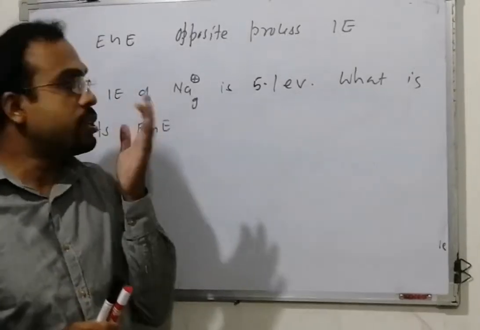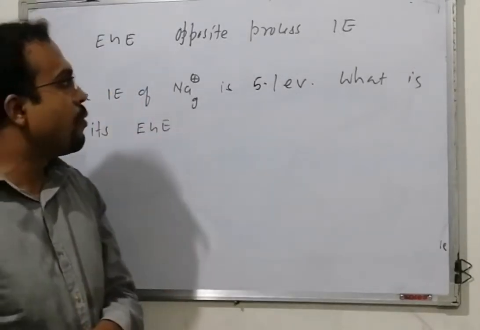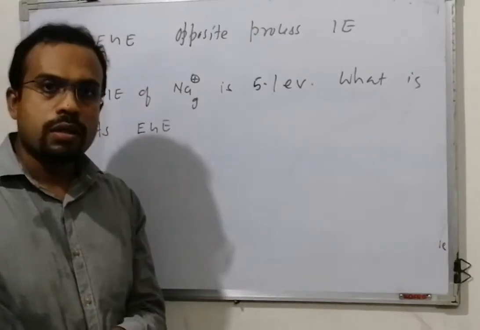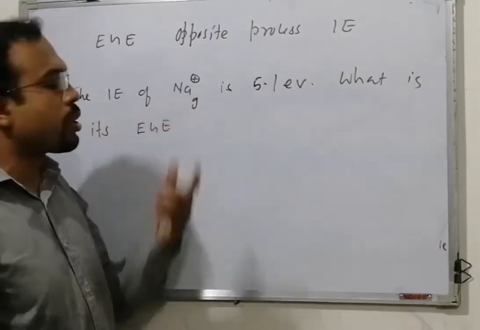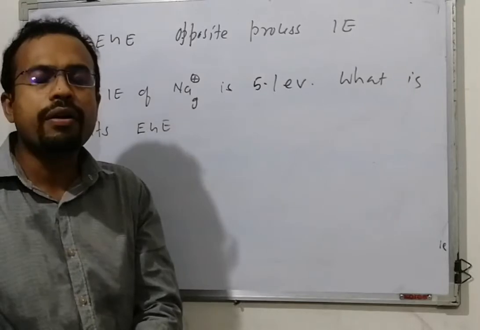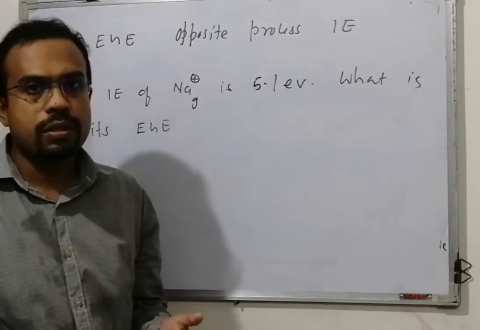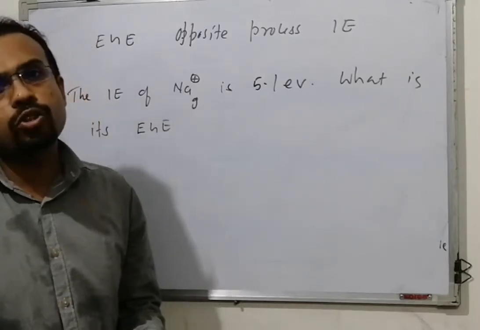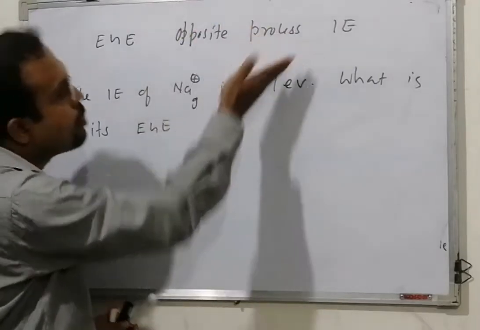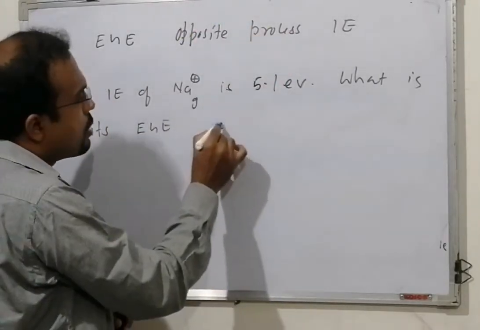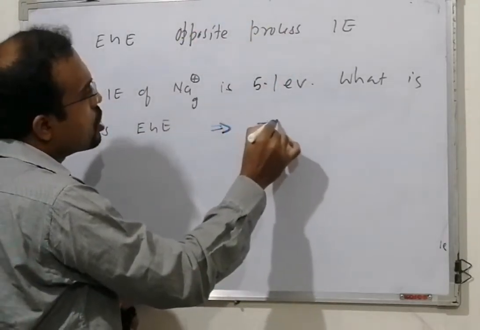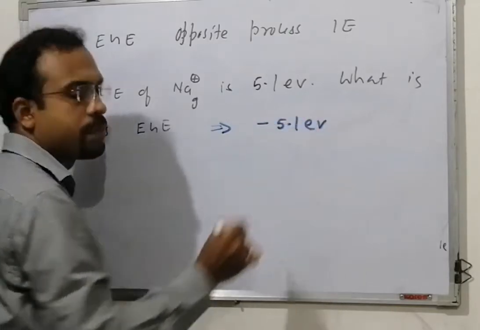Ionization energy of Na plus is 5.1 electron volt. That is, this much energy is required to remove an electron from Na plus. Therefore, what shall be its electron gain enthalpy? It is an opposite. Therefore, just simple answer, it is minus 5.1 electron volt.